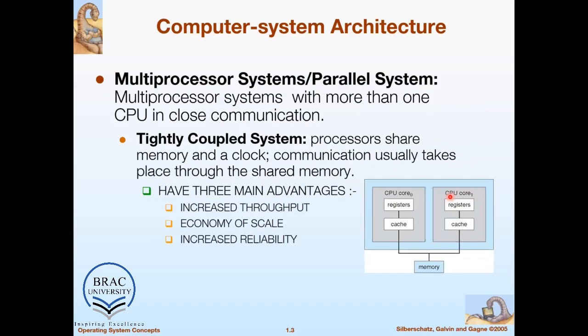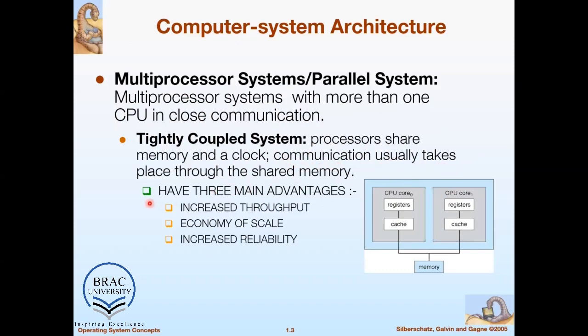Next, the multiprocessor system. From the name itself, we can understand that in this system there will be more than one processor, two or more. A multiprocessor system has more than one CPU in close communication, or we can say it is a tightly coupled system: processors, shared memory, and a clock.